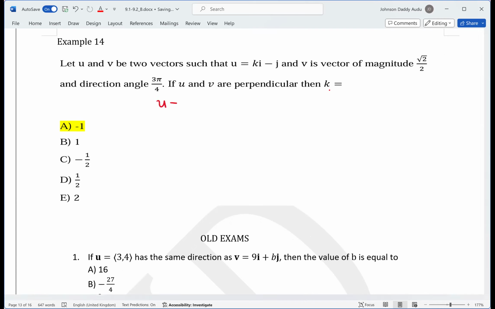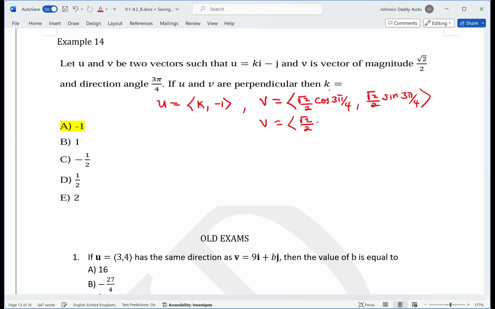So you can write U as just k and minus 1. And V, we can write V as what? V is going to be the magnitude cosine 3 pi by 4, also the magnitude sine 3 pi by 4. So V is going to be this one.